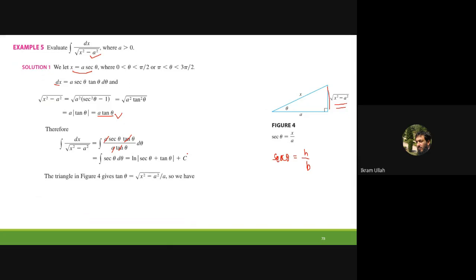Now we have to find x from here. So from this figure, the tangent theta is equal to... here we have tangent and secant, so we have to convert them in the form of x, because we have to do the back substitution. So what is tangent theta?